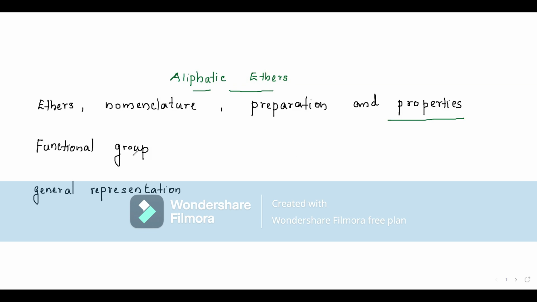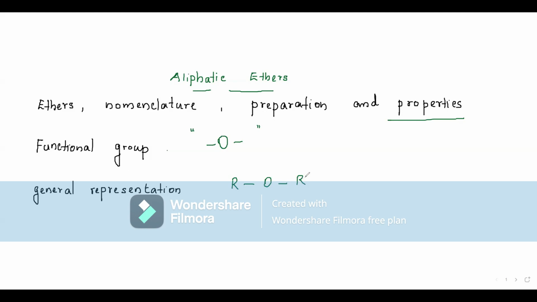Ethers have the functional group of a single atom of oxygen. This is how we write the functional group of ether. It's just a single atom of oxygen. The general representation of ether can be ROR.